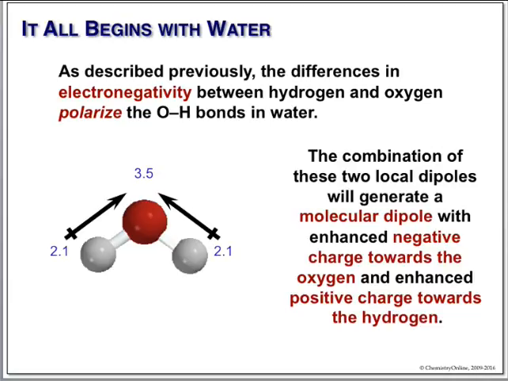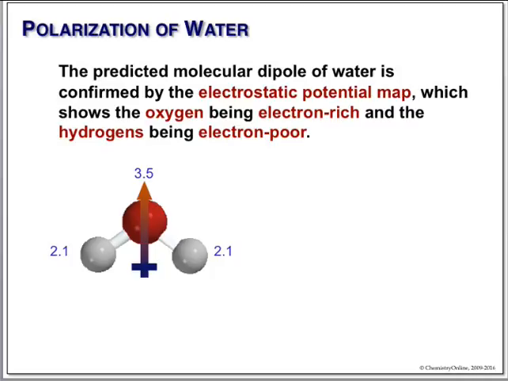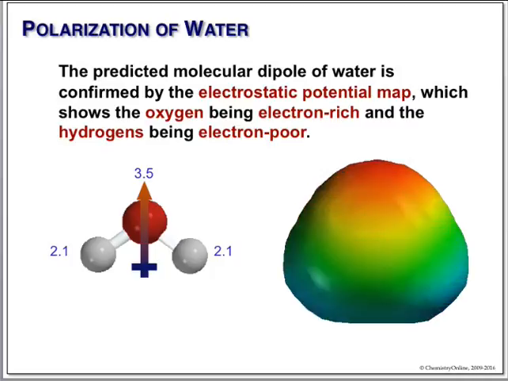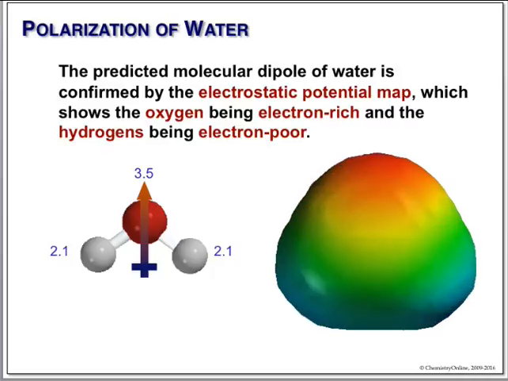Because of that, there's a molecular dipole in water, where the bottom half, where the hydrogens are, is positive, and the top half, where the oxygen is, is negative. This is an electrostatic potential map. Again, this is the positive region in blue, and up here we have the negative region in red.